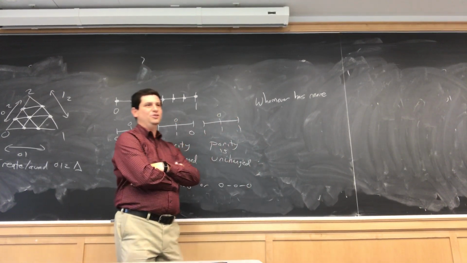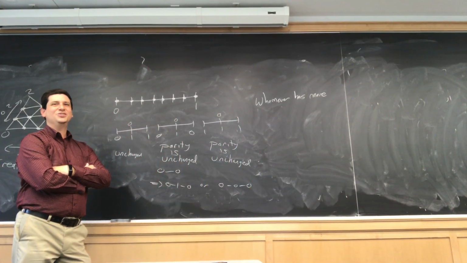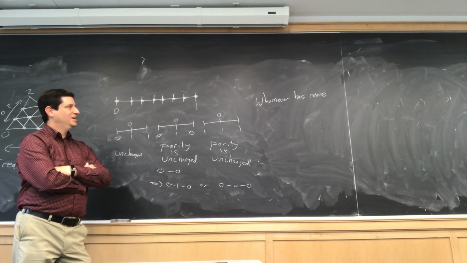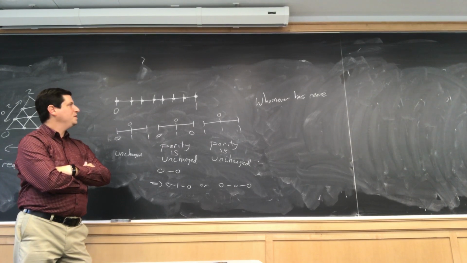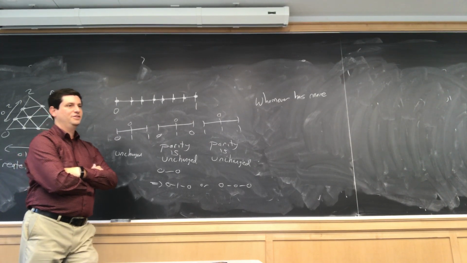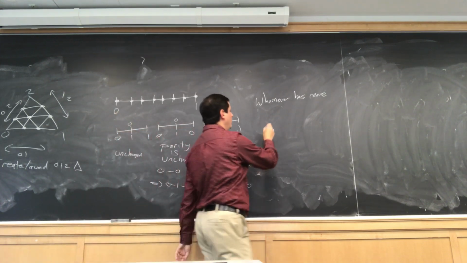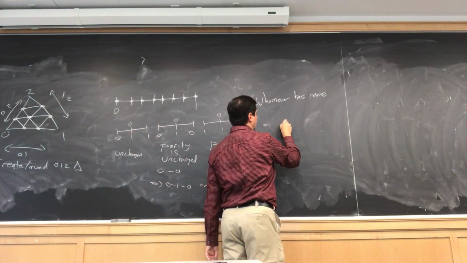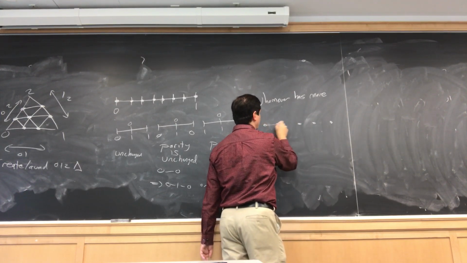Not numbered, both fail the class. So we could have both fail the class, but it depends on how many dots I have. What I'm saying is, what if I have the following?